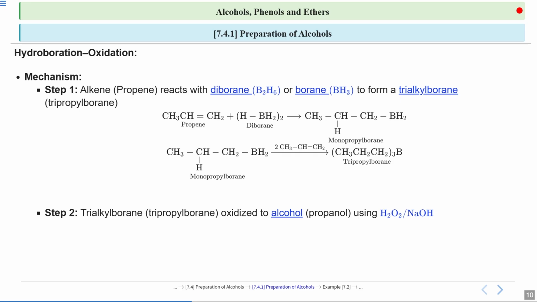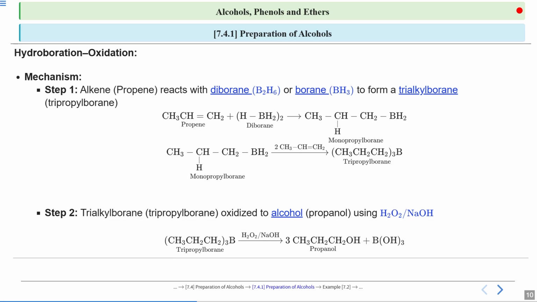Now the mechanism involves step 2. Step 2 is the trialkyl borane, or in the case of propene, the tripropyl borane you get, is going to be oxidized to the alcohol form, that is propanol, using H2O2, hydrogen peroxide, in the presence of sodium hydroxide.